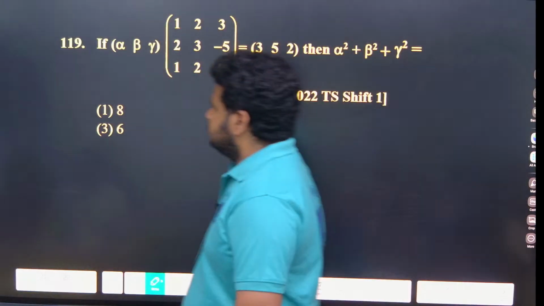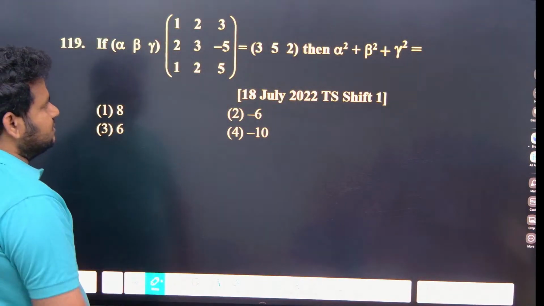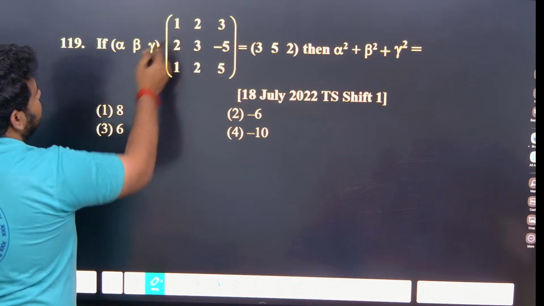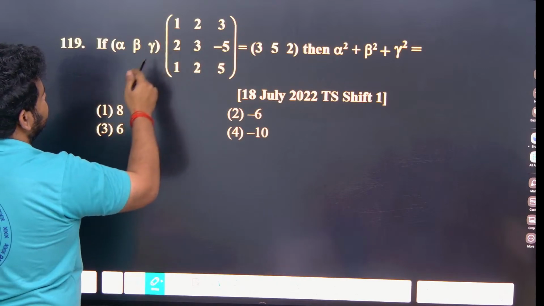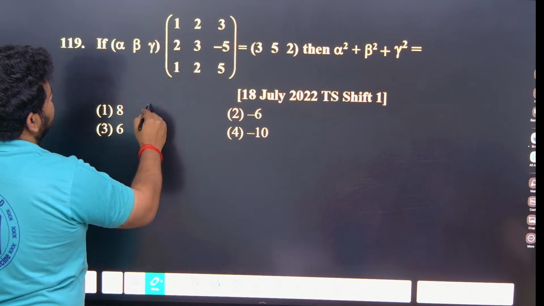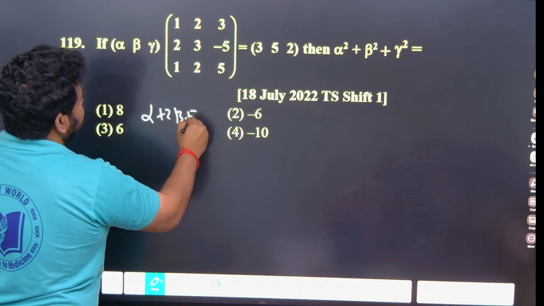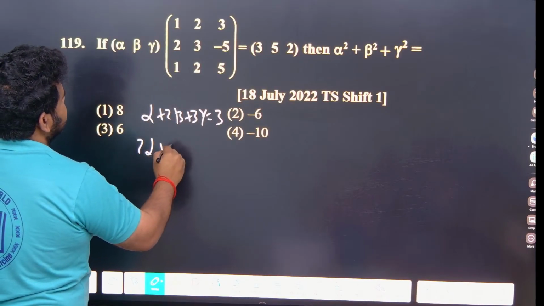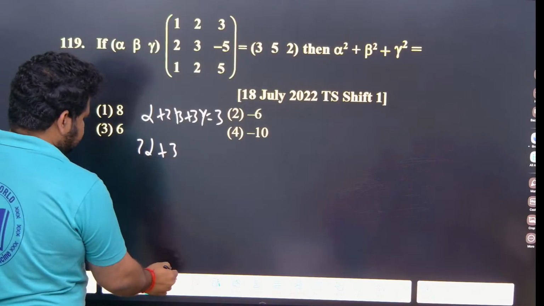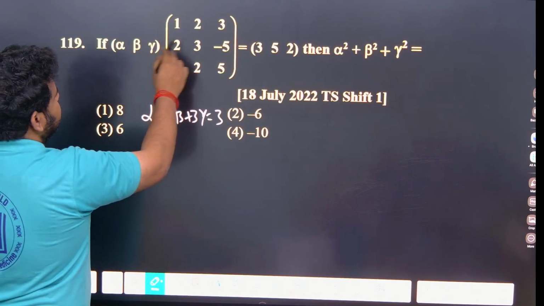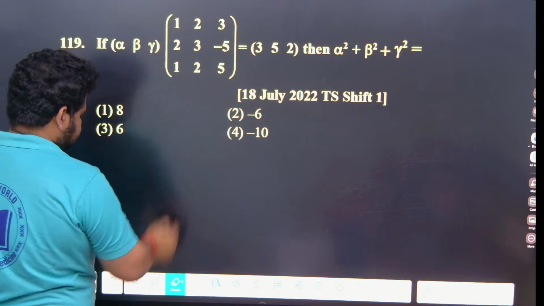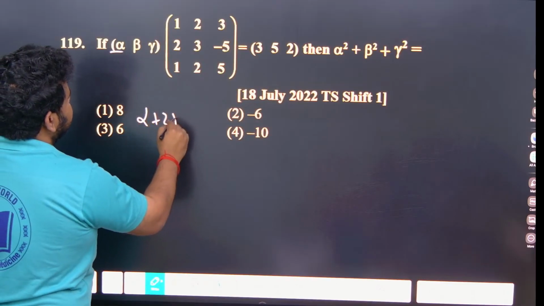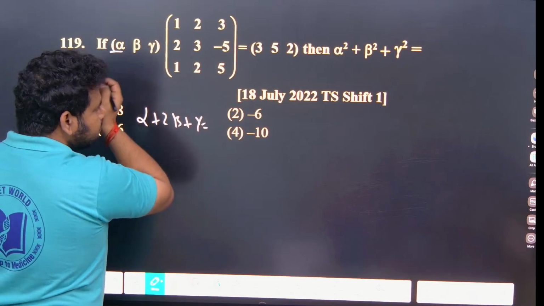This question. If alpha, beta, gamma is given to be like this, alpha square plus beta square plus gamma square is what? See, very simple question. Just multiply this first row with this first column, you will get alpha plus 2 beta plus gamma is equal to 3.